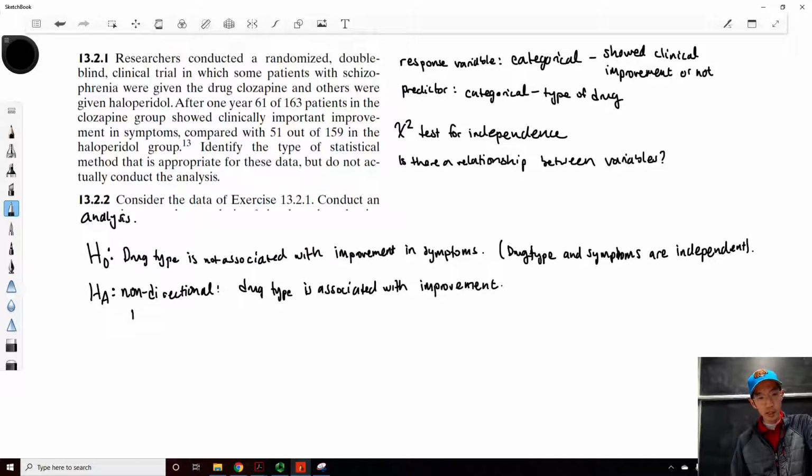And then a directional one, what would a directional alternative look like?